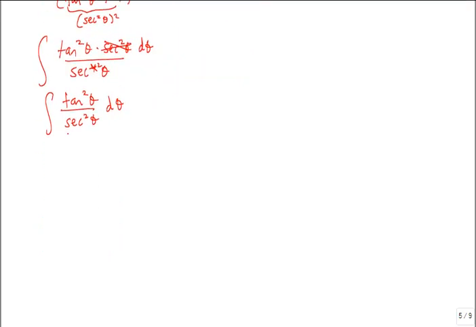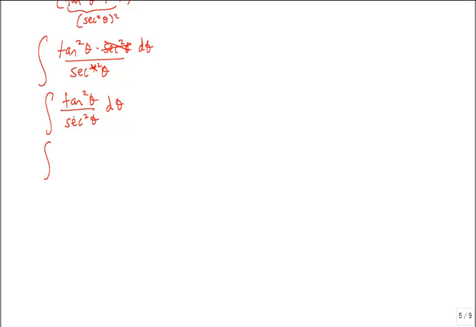If you prefer, you could change all of these tangents and secants into sines and cosines and try to reduce from there. If you prefer, you can use some Pythagorean identities. We've got squares on these tangents and these secants. So what I'm going to do, and we did this earlier on another example, is use a Pythagorean identity and change this tangent squared theta in terms of secant squared.